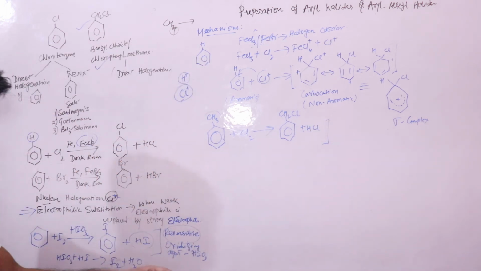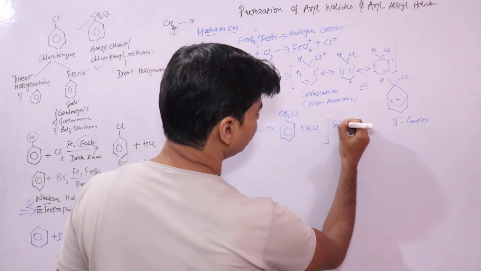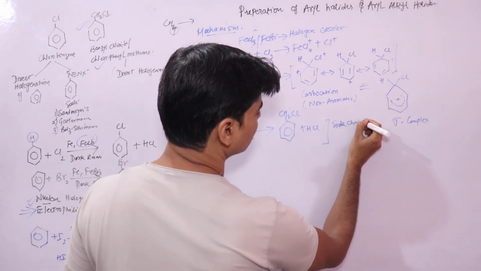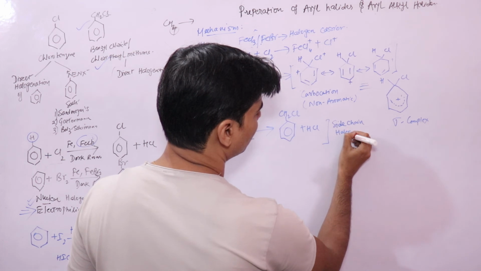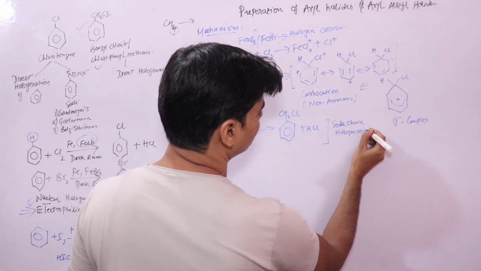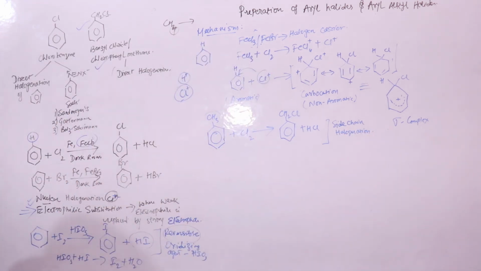This was nuclear halogenation, right? These reactions are nuclear halogenations. I have mentioned here nuclear halogenation, and this is your side chain halogenation, right?